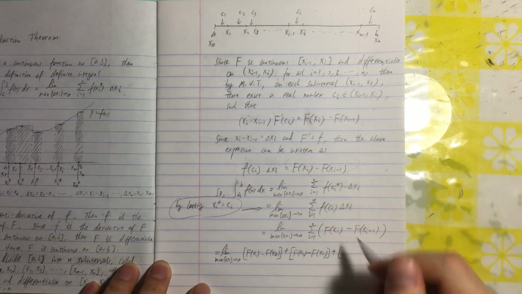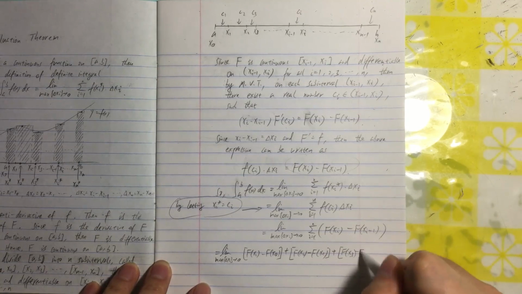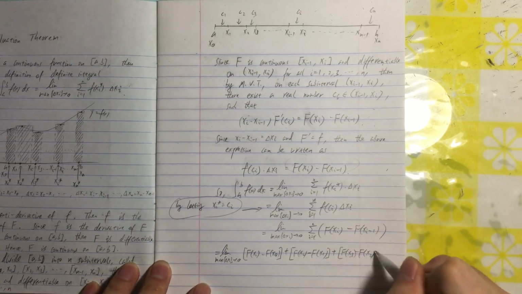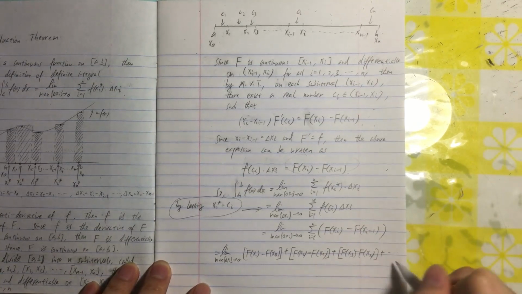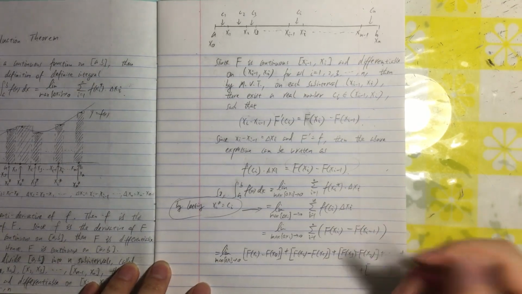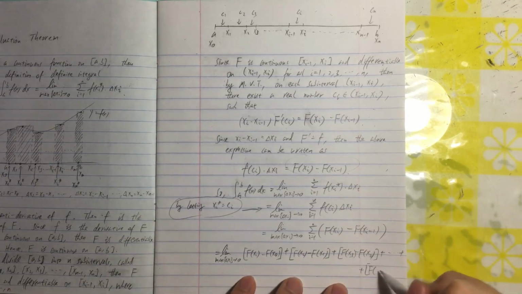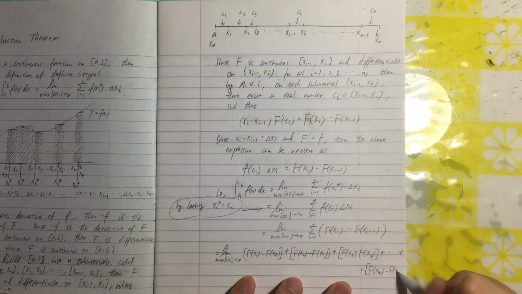If I plug in 3, I get f of x3 minus f of x2, and so on, until the last one. For the last subinterval, I plug in n for i and get f of xn minus f of x(n minus 1).